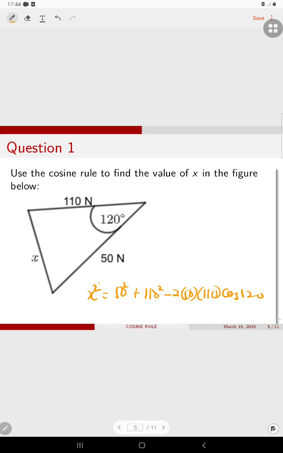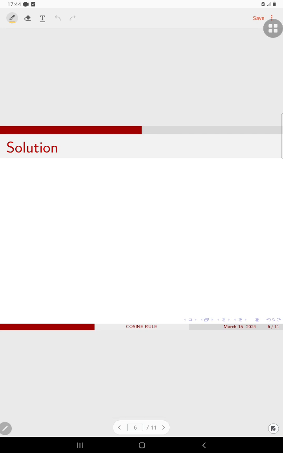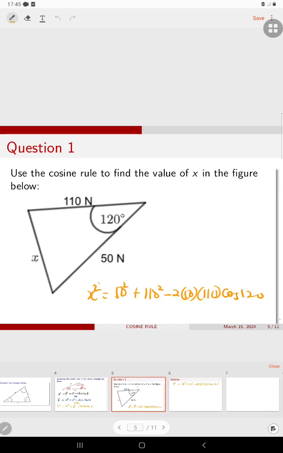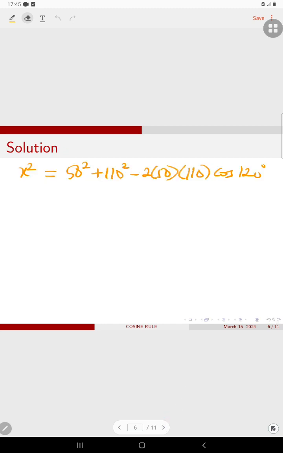So let's transfer this and go. So x squared is equal to 50 squared plus 110 squared minus 2 times 50 times 110 cos 120. I have only transferred what I did here to the next page. Now, with our calculators, what do we get for 50 squared?